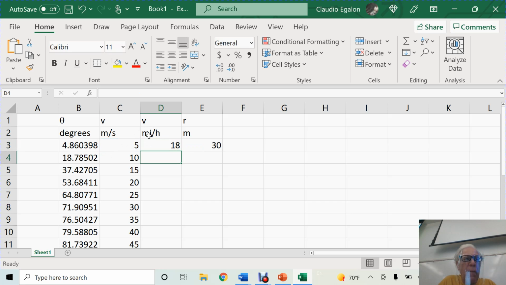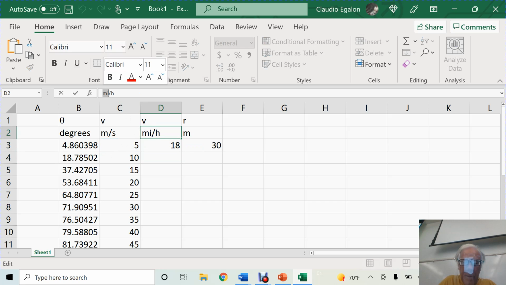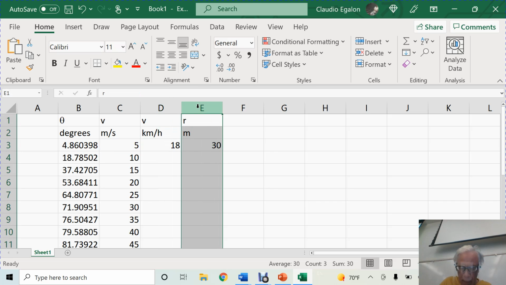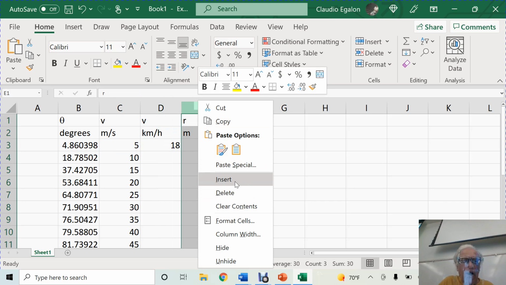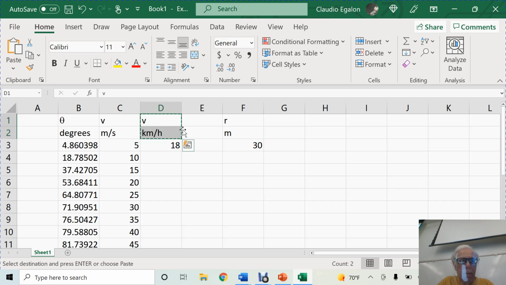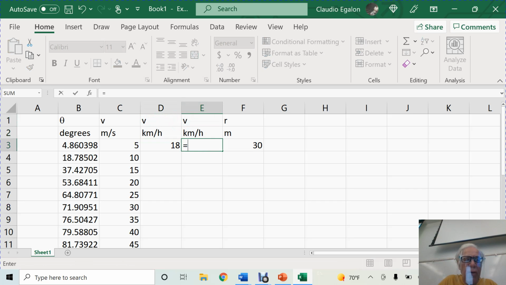What I have here is kilometers per hour, not miles per hour, so you have a better picture of how fast our car is going. If you want miles per hour, all you have to do is divide by 1.6.